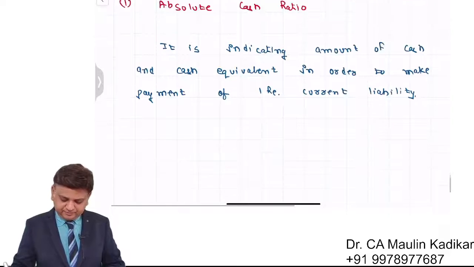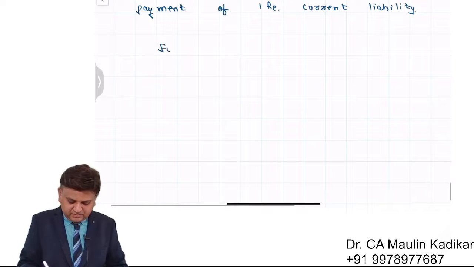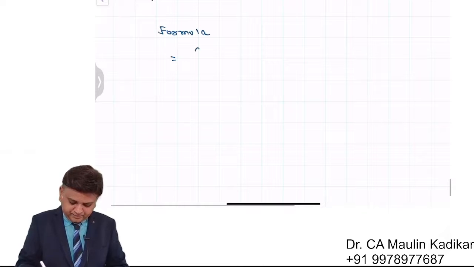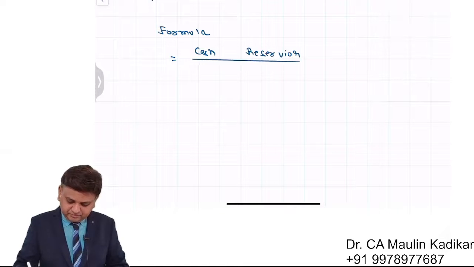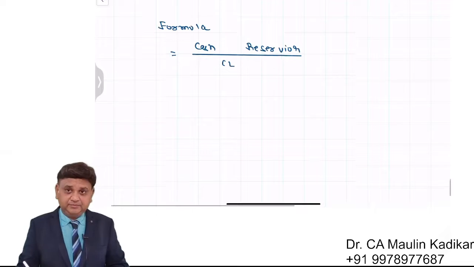Full stop. Write down the formula: cash reserve divided by current liabilities.